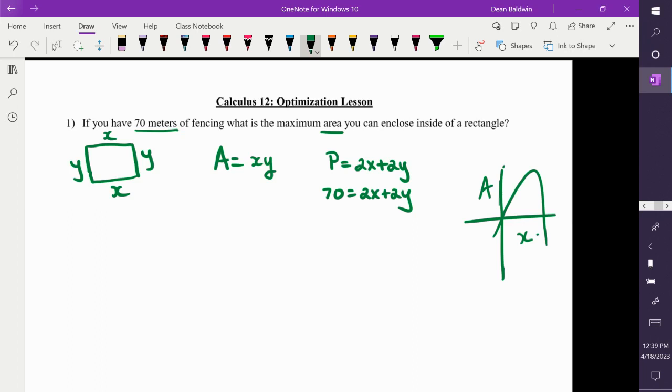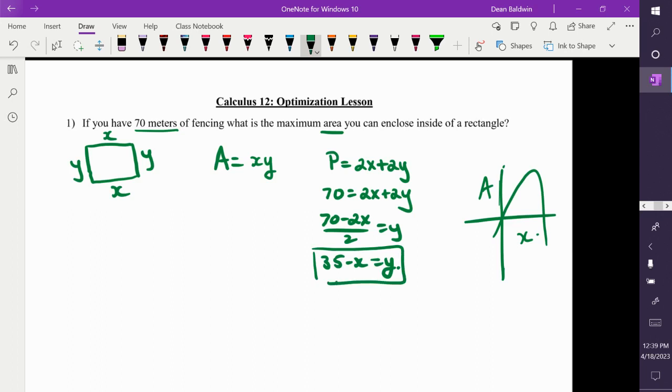Okay. So pick a variable to solve for, x or y. I'm going to solve for y because that's what I did. So I'm going to move the 2x over, sorry, and divide by 2. And then I'm going to get 35 minus x is equal to y.